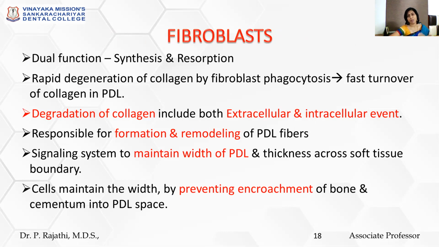So not only by fibroblast phagocytosis, collagen degradation occurs. Degradation occurs by two means. It is both extracellular and intracellular event. So fibroblast phagocytosis is an intracellular event. One more event, that is extracellular event, occurs by collagenase enzyme. So we'll talk about that in the subsequent slides.